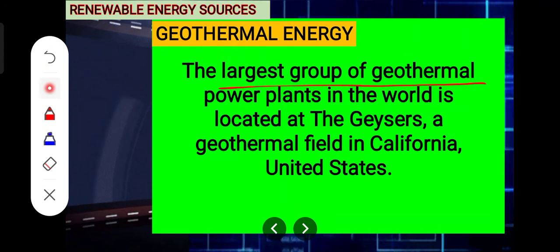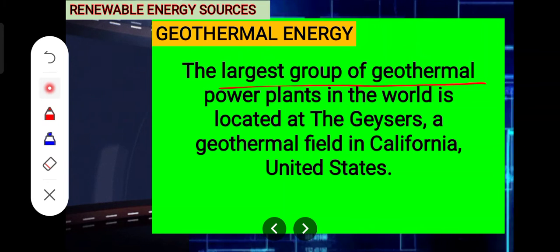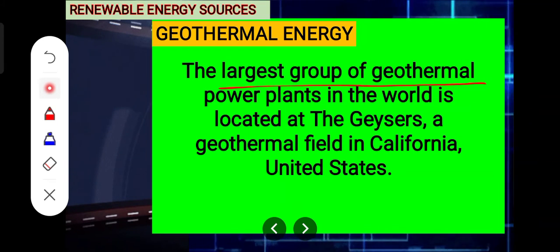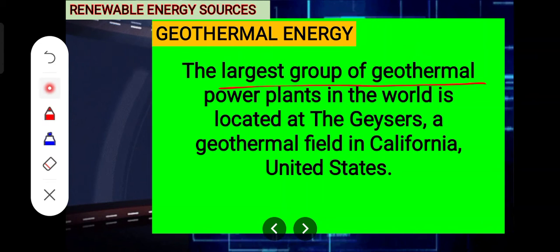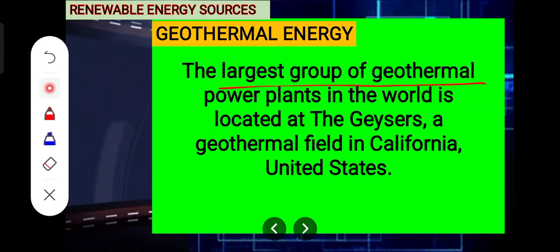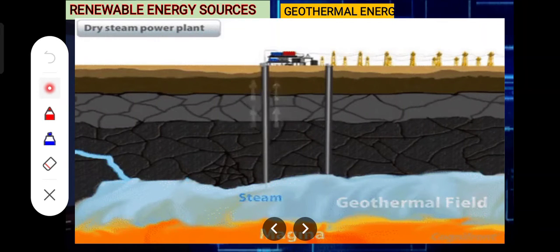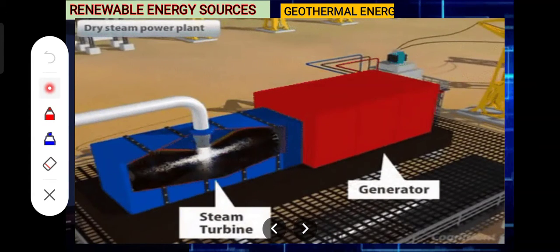Okay? In the Philippines, some of the power plants include Makiling-Banahaw Power Plant in Laguna, Leyte Geothermal Power Plant in Leyte, and Tiwi Geothermal Power Plant in Tiwi, Albay. So again, this is geothermal energy.